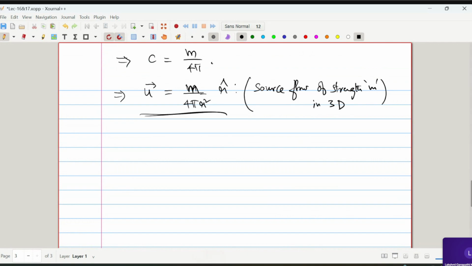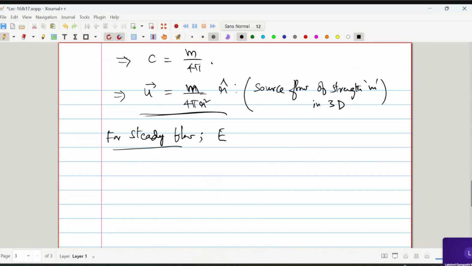Now, for steady flow, what will happen? What is the equation now? For steady flow, the Euler equation becomes dou u by dou t equal to 0, no? Yes, sir, because it does not depend on time. Can you give that Euler equation? For steady flow, the Euler equation is the momentum equation basically.